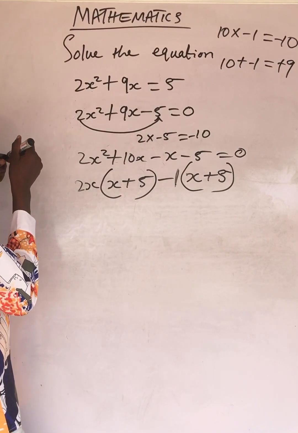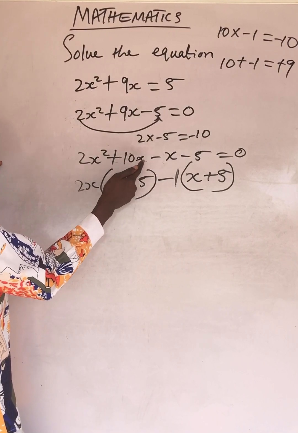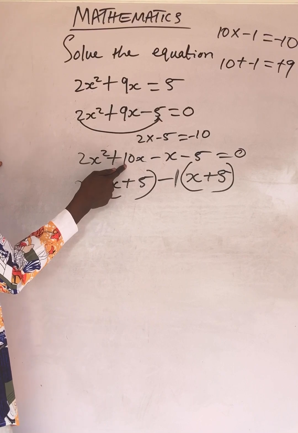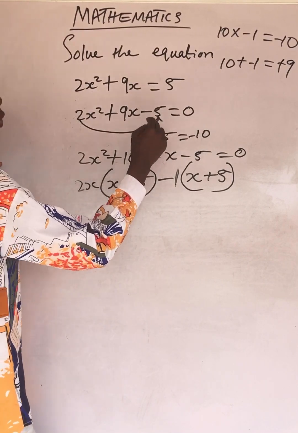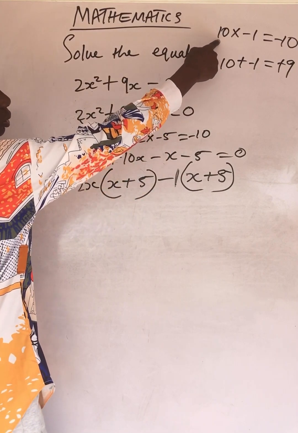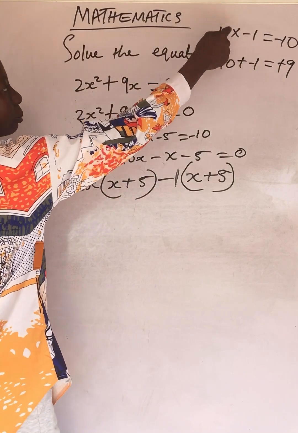And don't forget that when you are putting these factors, some persons can decide to put minus s before plus 5. So you can choose which one to put first. But I decided to put plus 10 before minus 1. You can decide to put minus 1 before 10.